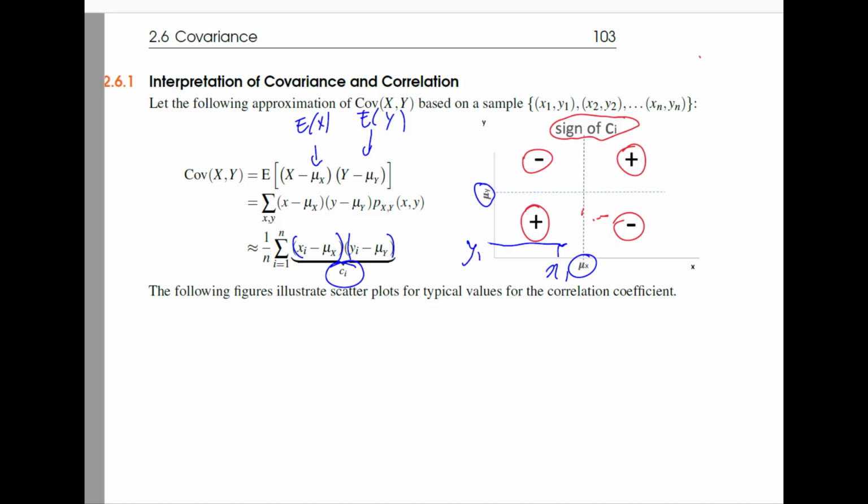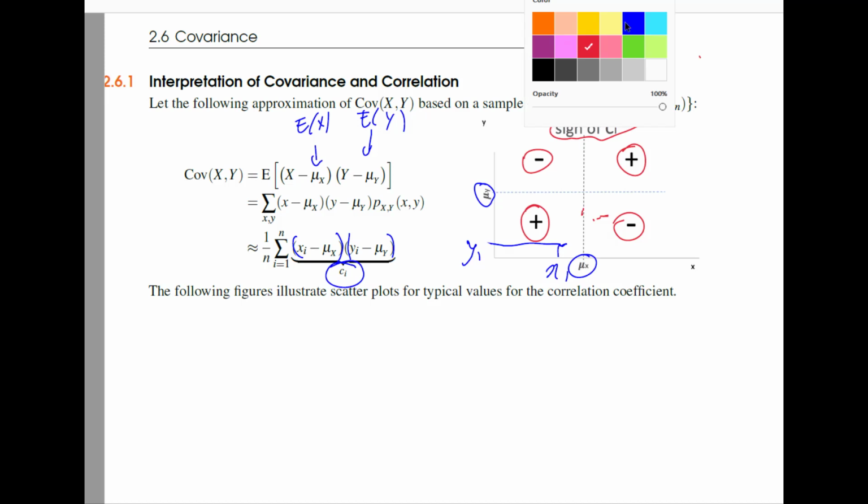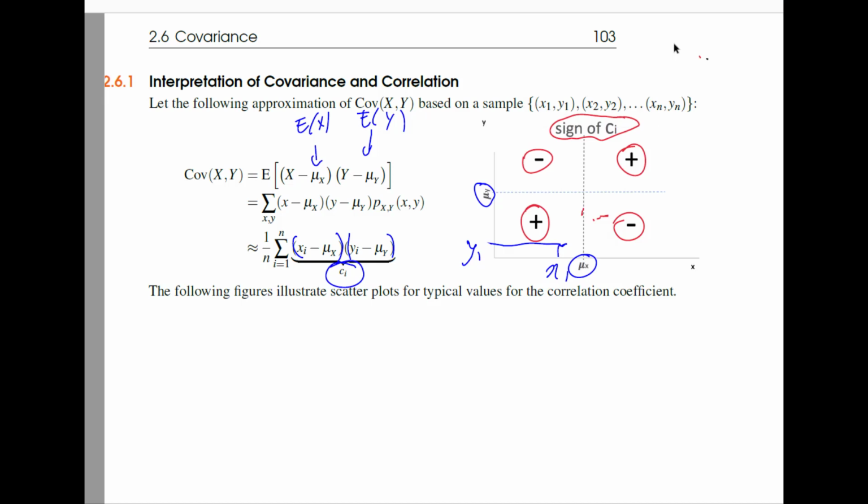Because if you have points, let me put a random sample now with black points. Let's say that we have this situation. So that's one observation, boom, boom, boom, all these points. Those are the observations, and that's where they fall.